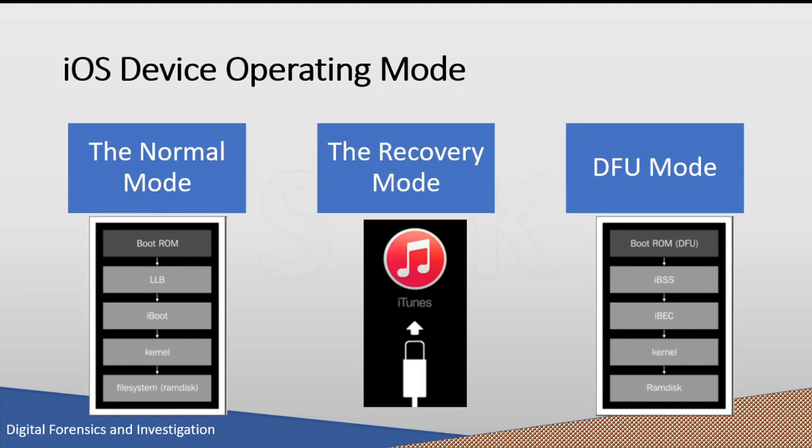The kernel verifies and loads the RAM disk into memory. Again, most of the forensic acquisition methods require the iOS devices to successfully enter into the DFU mode. Most forensic tools running on the Windows operating system will provide you the instructions on how to enter that device into the DFU mode.